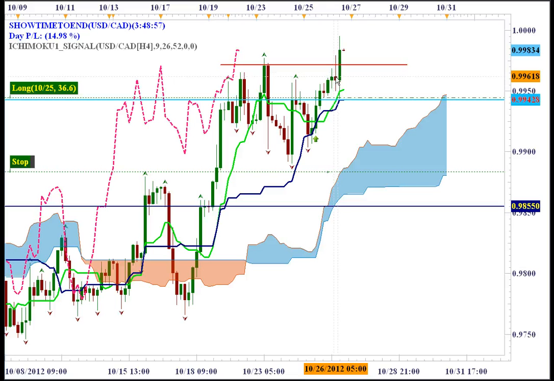So I knew that I wanted to see price break that level, and then it could retrace back to this level, and this level can hold as a support level, and then the market will keep going up. So price breaks through the level, maybe goes up a little bit, then retraces back down to this level, and then it goes again. But I did want to see price break above that level, and it did.